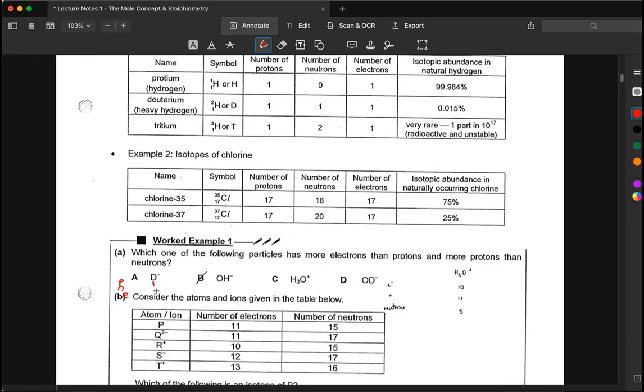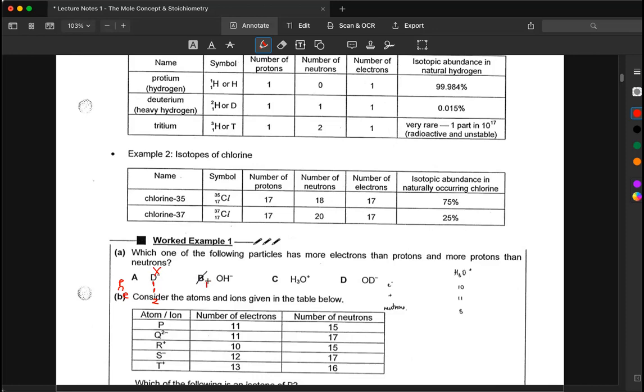And the neutron is 1 because deuterium has 2 nucleons, 2 minus 1 gives you 1. Since it gains 1 electron, it becomes 2. So is this correct? More electrons than protons, that's correct. More protons than neutrons, no, so this is out, because the number of protons and neutrons are the same.